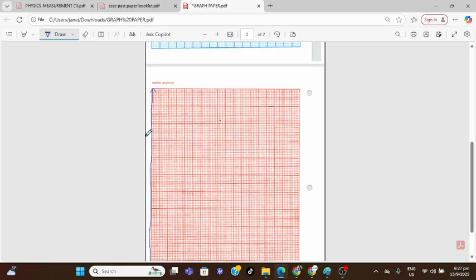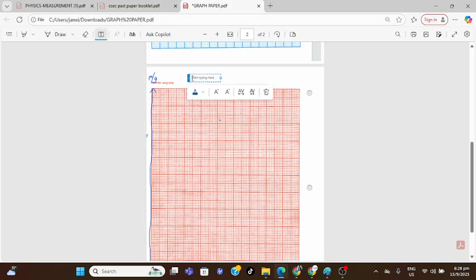I'm going to put up here M slash grams. And then here we can put this in bold: graph showing mass versus volume. And we can underline that.